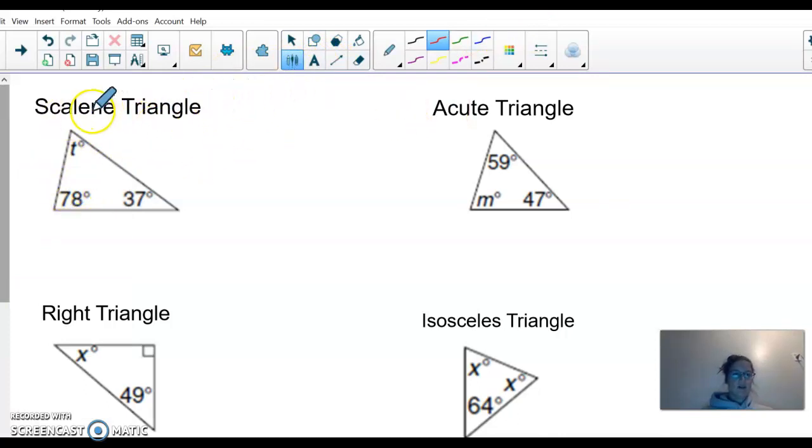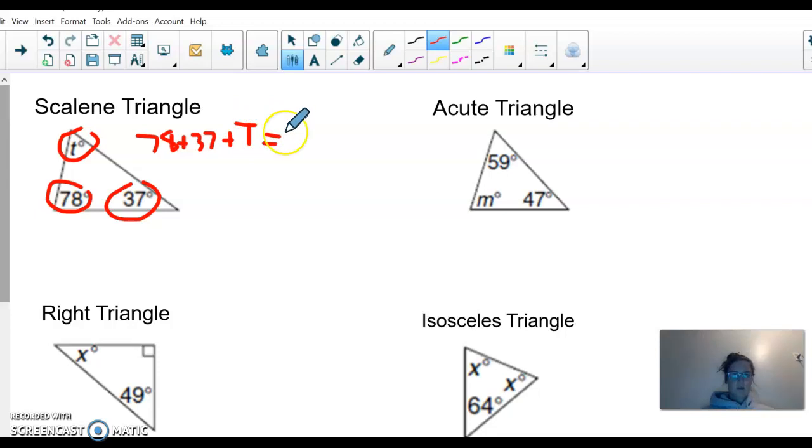So for this scalene triangle, we have 78 degrees and 37. So I want to add 78 plus 37. And then I'm going to add this missing angle right here, t, and make that equal to 180.